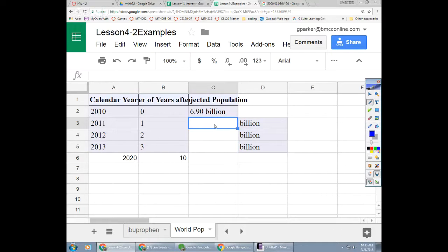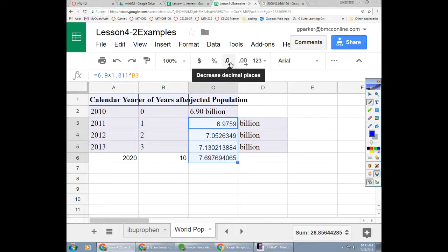Here's where my formula goes. So it equals 6.9 times my 1.011 raised to the power, and then I just click on the year over here. And then the cool thing about it is I don't have to keep retyping it into my calculator. I just fill it down. And so I get all of the numbers, and I can just clean them up. I think they wanted 2 decimal points.